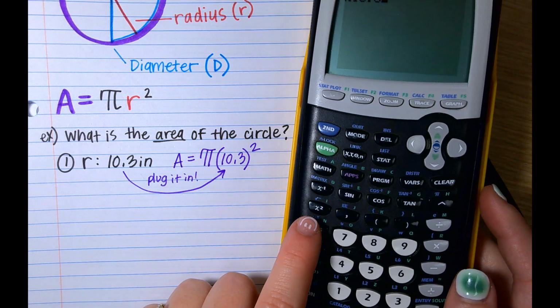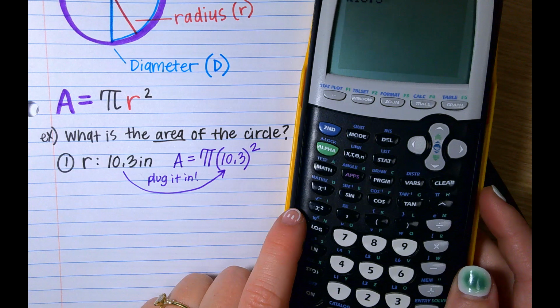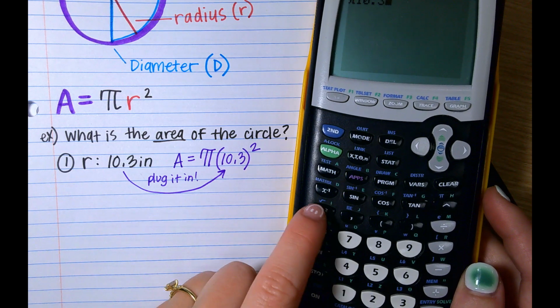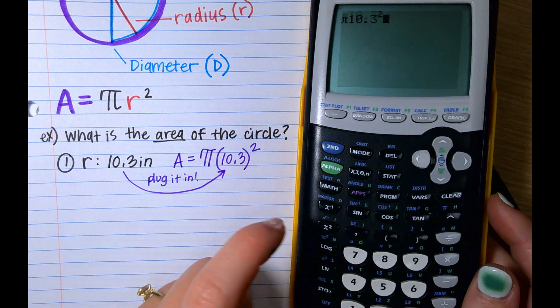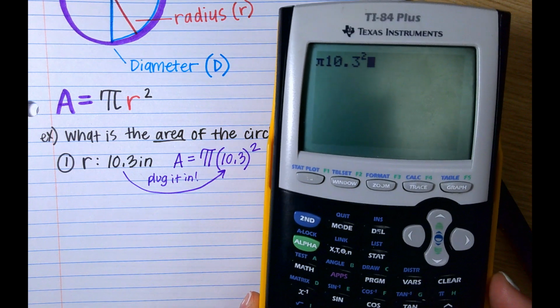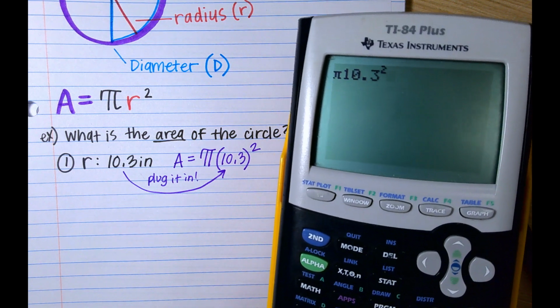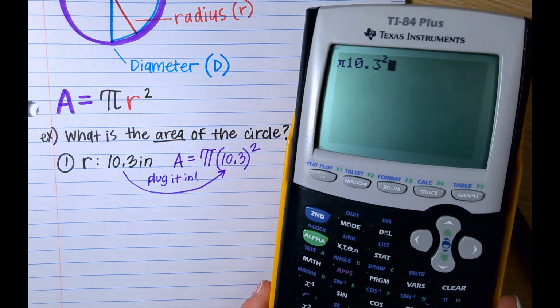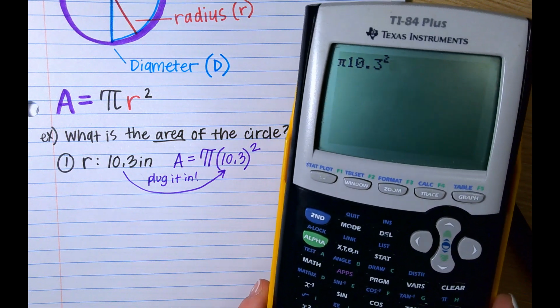And we have a squared button too. It says x with a little 2, x squared, kind of diagonally from the 7. We'll click that and see how I have it typed in. Pi 10.3 squared. And I want to make sure everybody knows how to type that in before we go on.